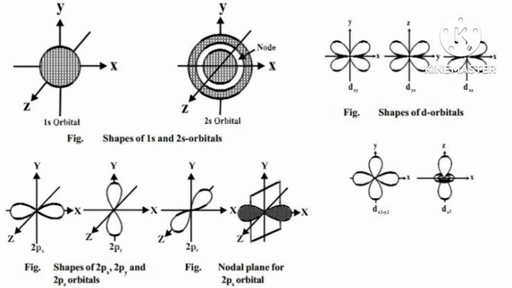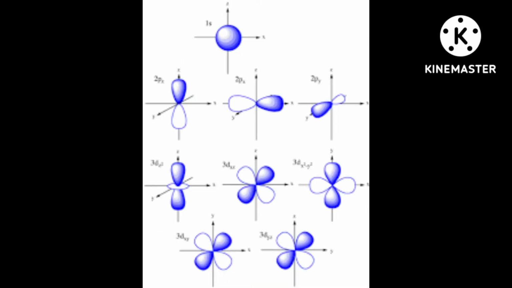Now, the second thing I want to tell you today is the boundary surface diagram of constant probability. Actually, I am going to discuss the boundary surface diagram. Here you should understand that a boundary surface diagram of constant probability density for different orbitals gives a fairly good representation of the shapes of the orbitals.